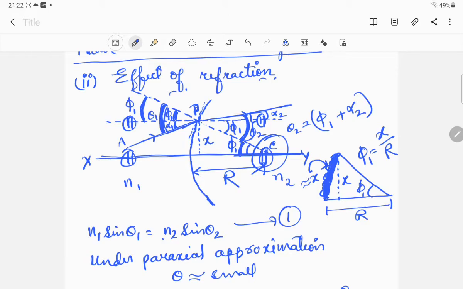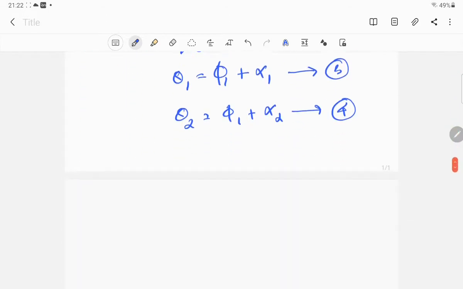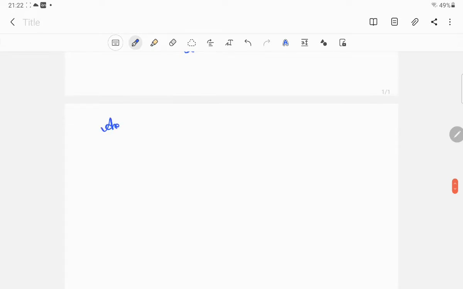So arc length of length x, so that is phi 1 equal to x by r. So let it be our equation number 5.